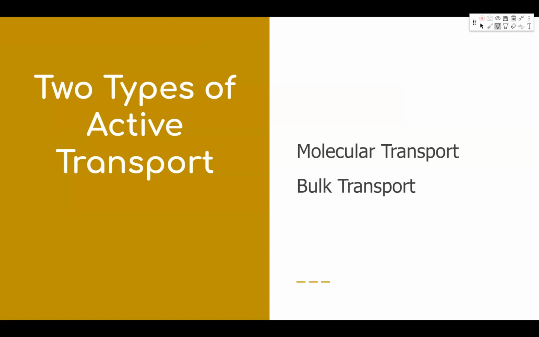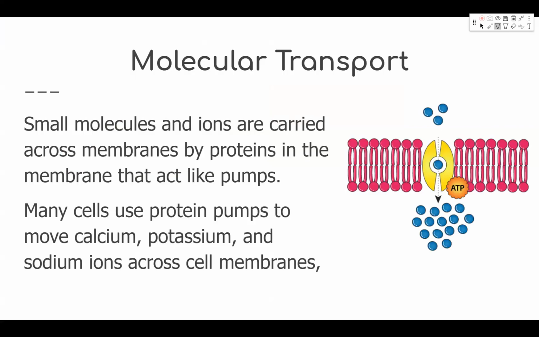There are two big types of active transport because some things take more energy than others, right? If we let a bunch of high schoolers loose in the building, it would probably be a lot easier to get them where they need to go than it would be a bunch of kindergartners. Some things take more work than others. So we have different types of active transport.